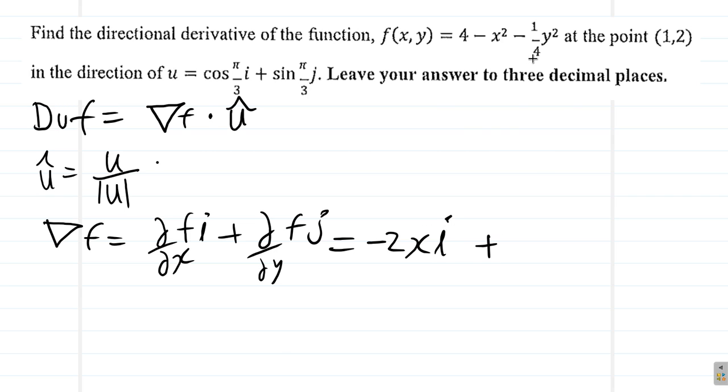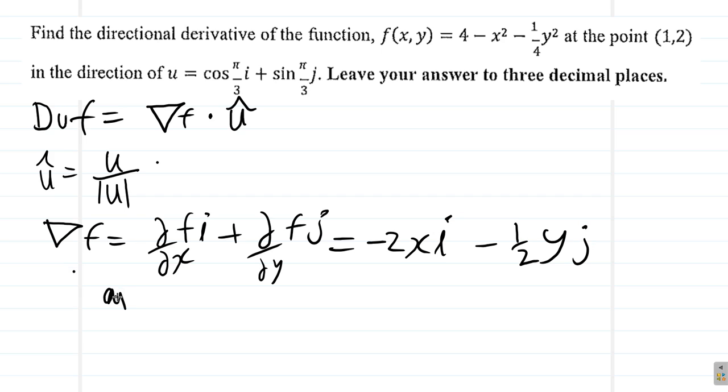Plus, when you differentiate partially with respect to y, you get negative 2 over 4. In fact, I'll just leave this as a minus. 2 over 4 is the same as a half. So a half y in the j direction.